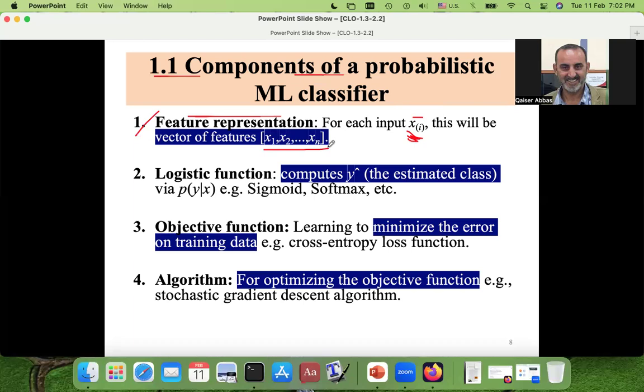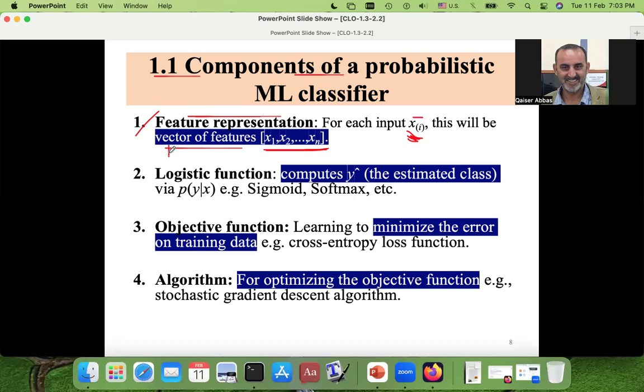Then you will convert all those columns into the form of vectors. So in probabilistic models, you will have a vector of features.